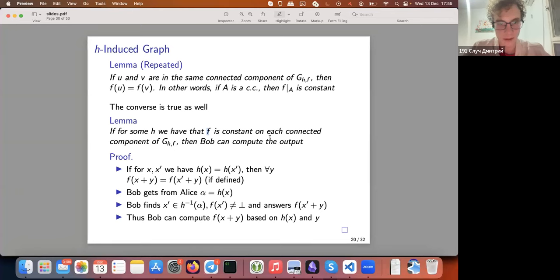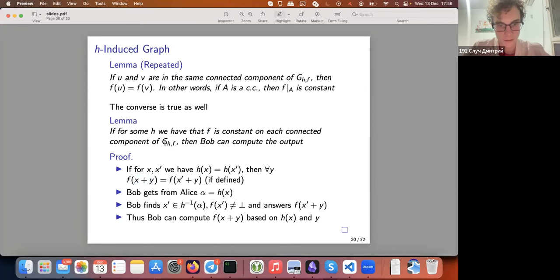And for 2 points x and x prime, if the value of H on these points is equal, then for each y such that F is defined on these XORs, the value of F is equal.